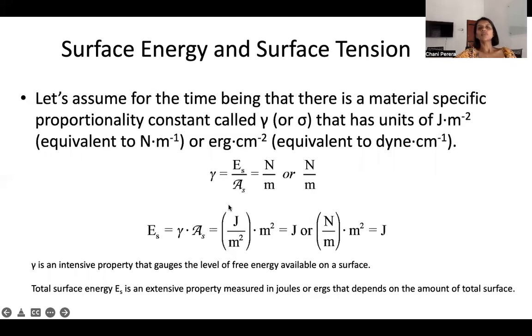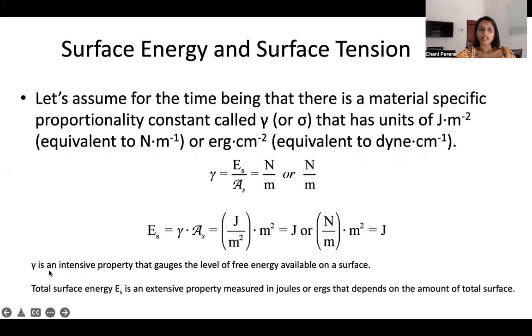So now let's assume for the time being that there is a material-specific proportionality, and we call it gamma, or in some cases we refer to it as sigma. And it has a unit of joule per meter squared, which is equivalent to Newton per meter or erg per centimeter squared.